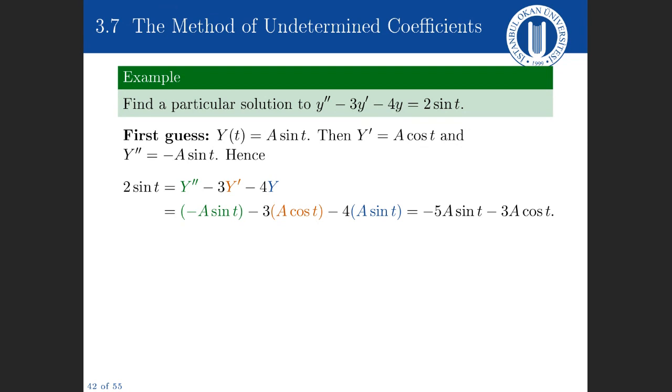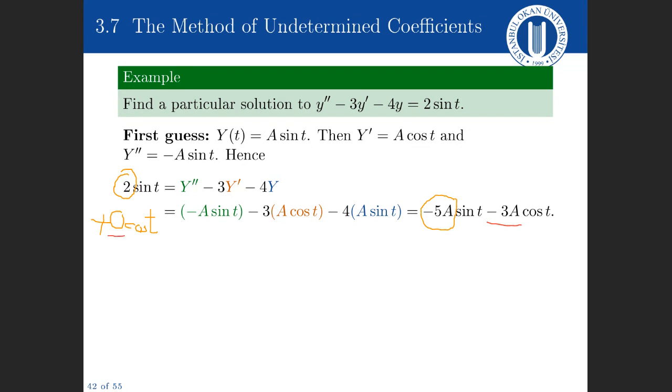So on the left there's 2 sine t, and on the right there's minus 5A sine t. So these need to be the same. But also on the left is plus 0 cos t. And on the right-hand side, it's minus 3A cos t.